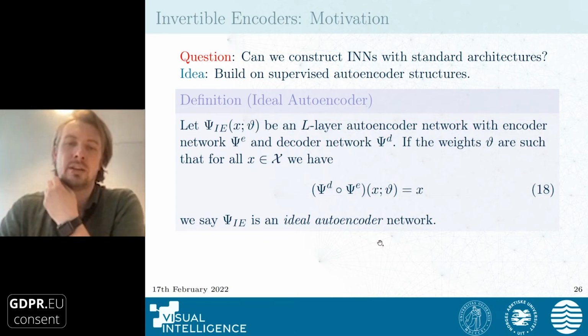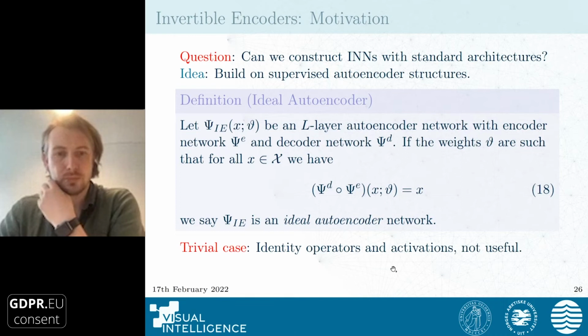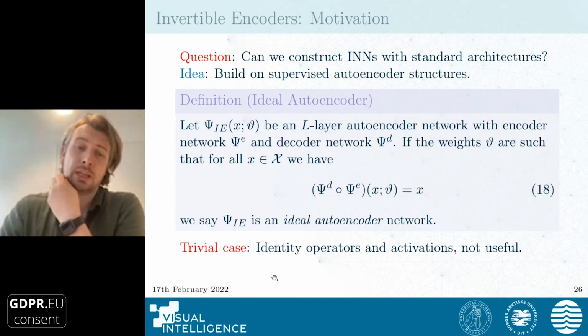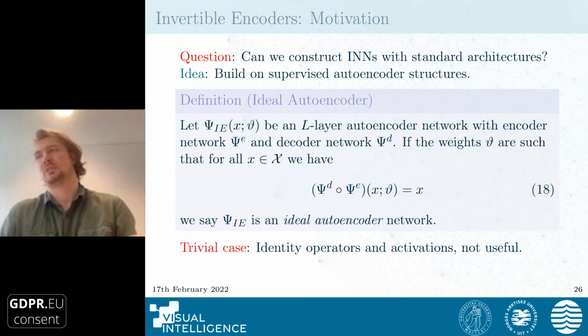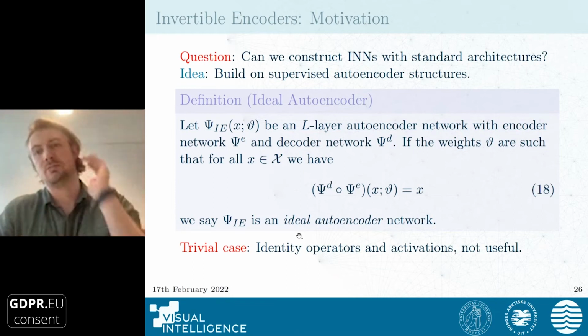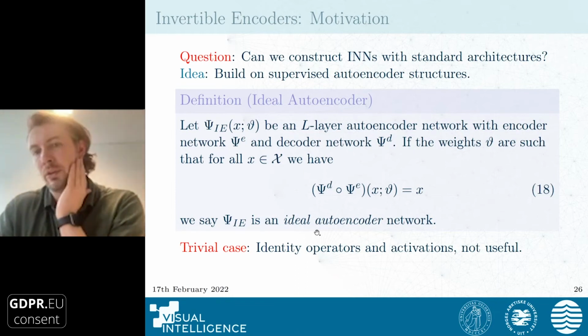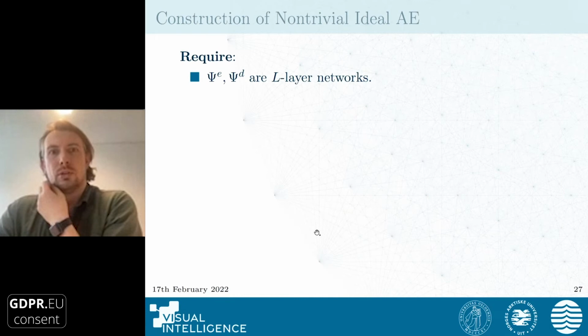A trivial case can be just setting all the weight matrices to be identity and all the activations to be identity, and then you trivially have one, but it's not very useful. So how do we construct a non-trivial ideal autoencoder?